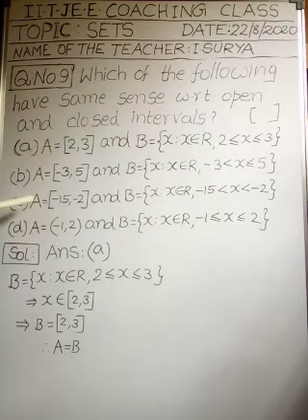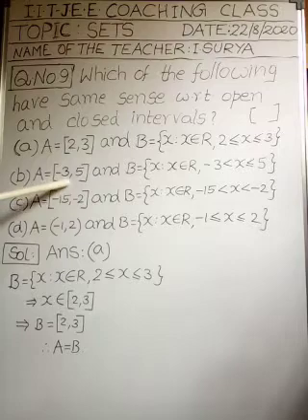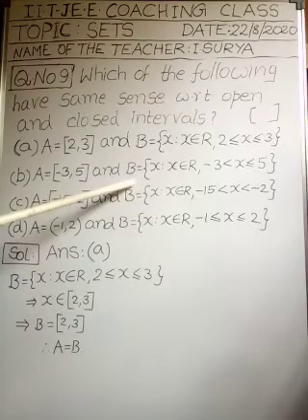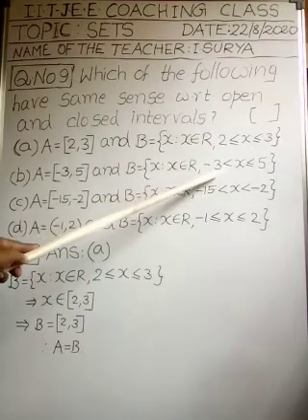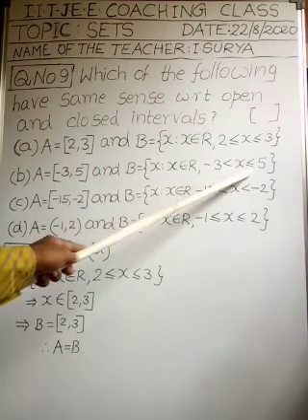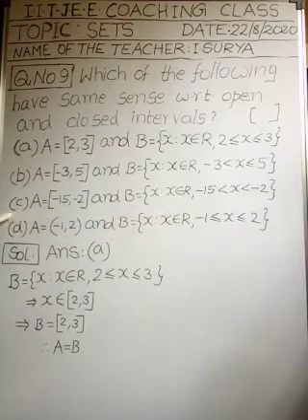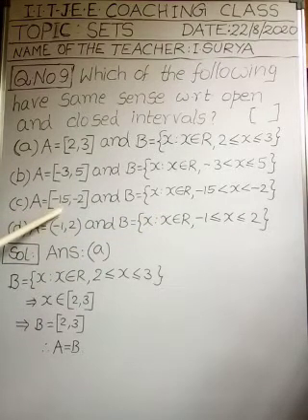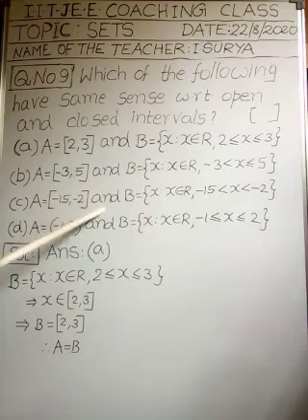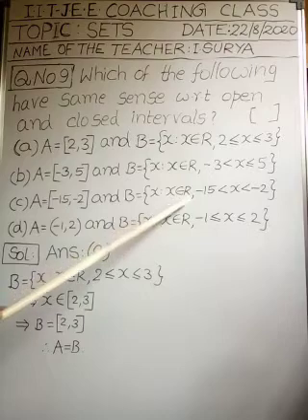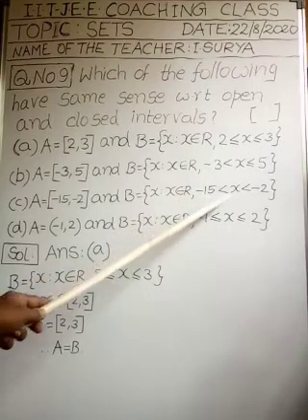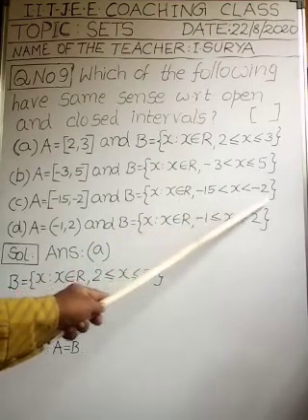Now come to the second option. A is equal to closed interval minus 3, 5 and B is equal to the set of all x such that x belongs to R, minus 3 less than x less than or equal to 5. Come to the third option. A is equal to closed interval minus 15, minus 2 and B is equal to the set of all x such that x belongs to R, minus 15 less than x less than minus 2.